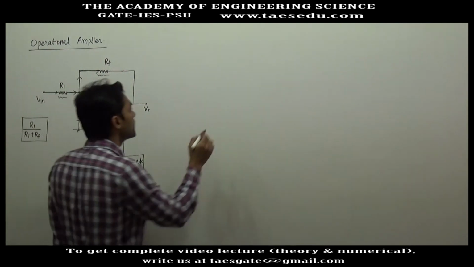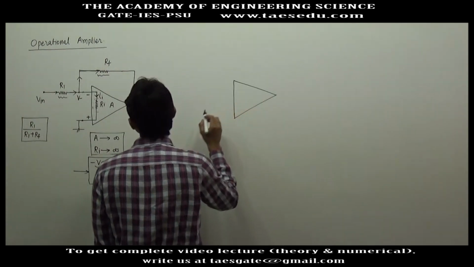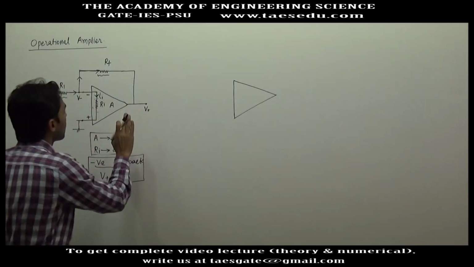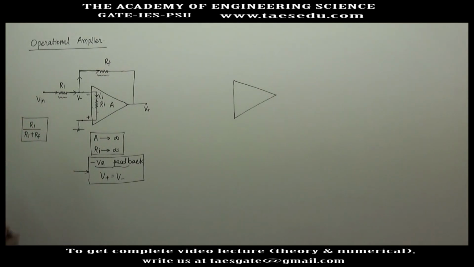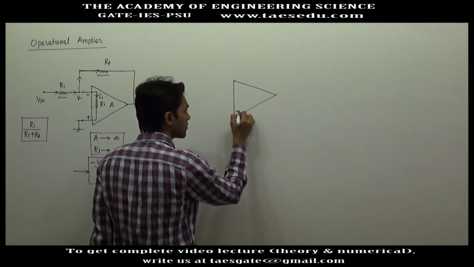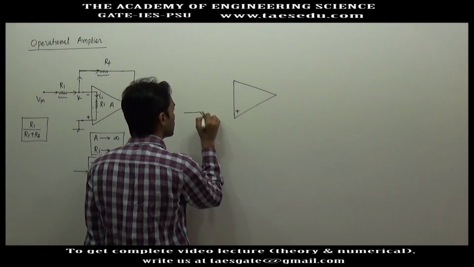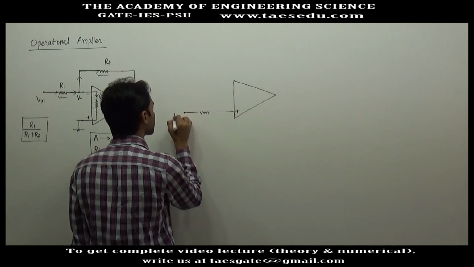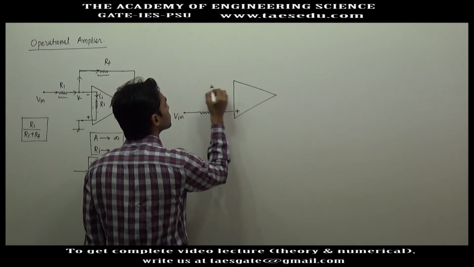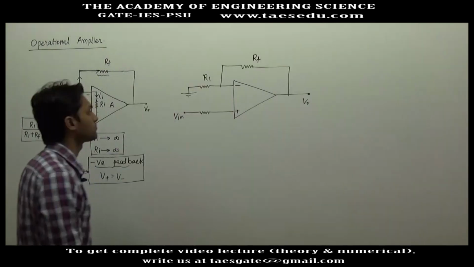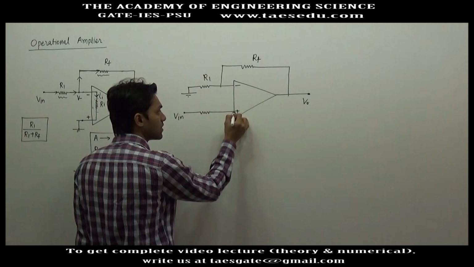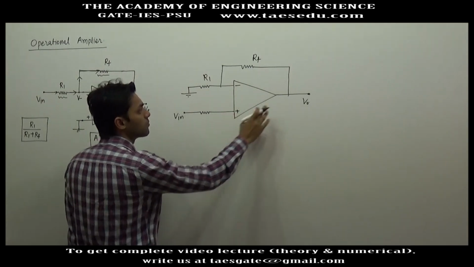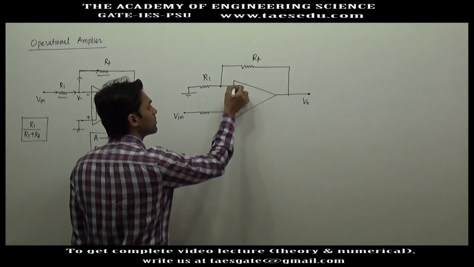Let me give an example. The important thing is the feedback from the output must go to the inverting input. It does not matter where you have connected the input voltage. This is a non-inverting amplifier, and let me connect the input voltage here. So here the input voltage is connected at the non-inverting input, but feedback is coming at the inverting input of the amplifier.